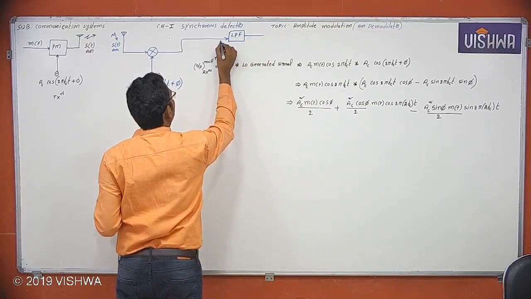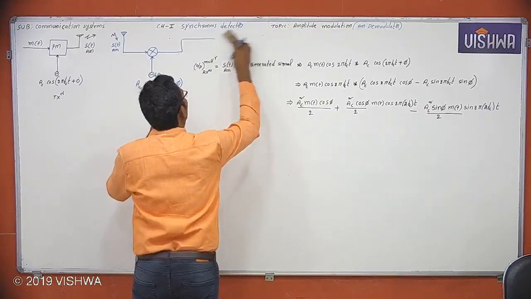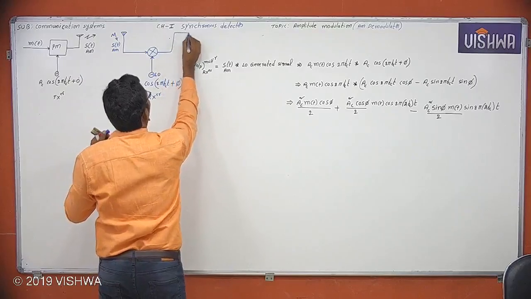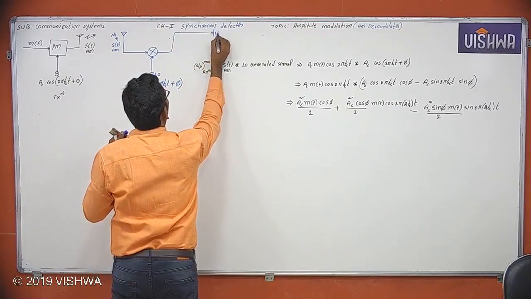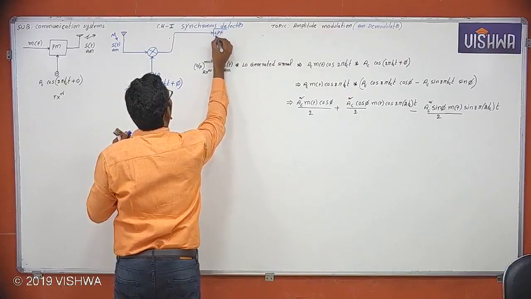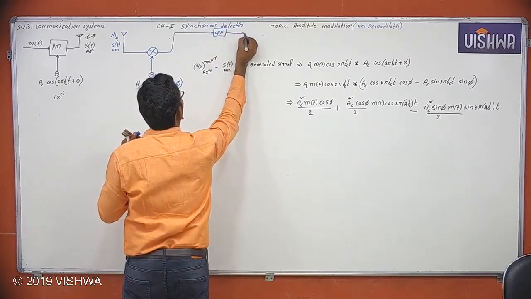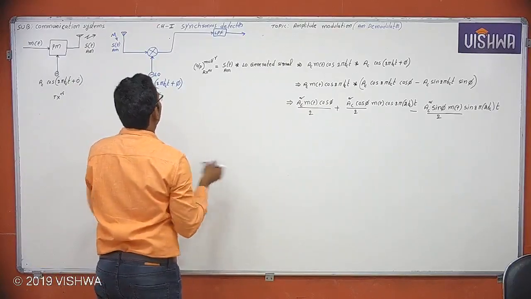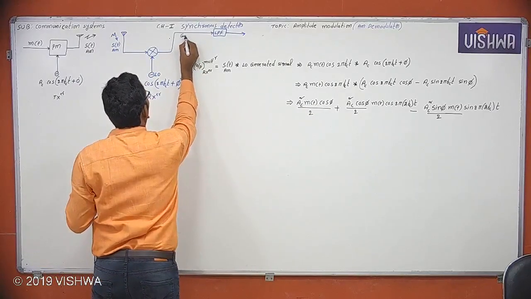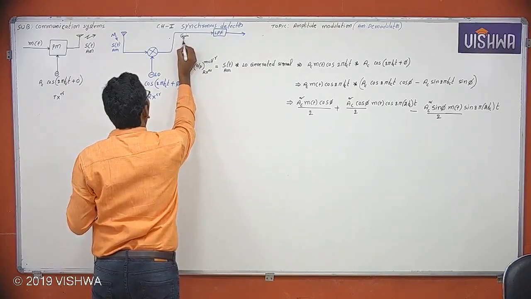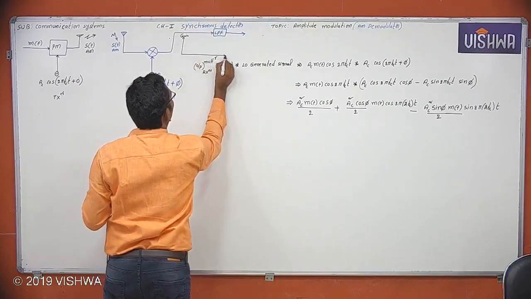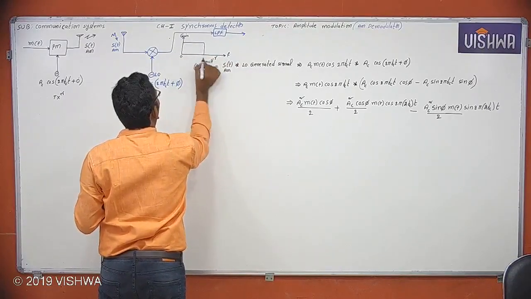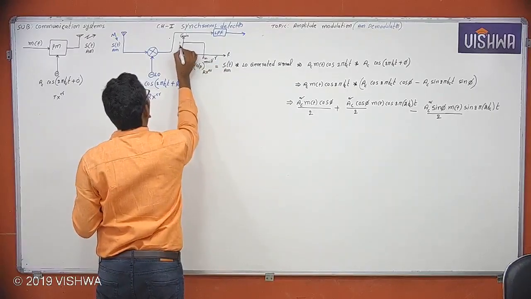This is the low pass filter whose gain versus frequency characteristics are like this. The gain versus frequency characteristics of a low pass filter: from low frequencies to the cutoff frequency FM, this is gain 1. This is the pass band.